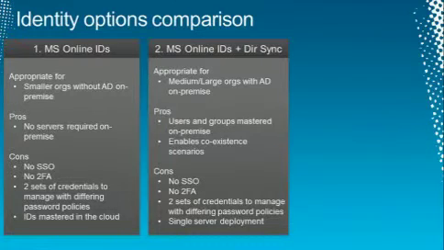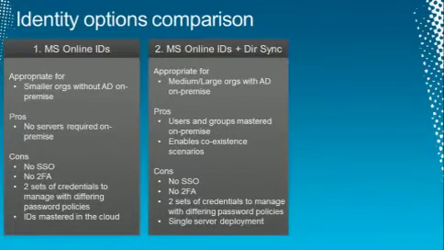When we add directory sync to that, we're really looking at that medium to larger size organization. Users and groups and their properties, so their email address, SIP address, display name, all of those things are now managed on-premise. They do flow across. We start to enable coexistence scenarios, allowing you to have mailboxes on-premise and mailboxes in the cloud and have a level of coexistence so that you can send mail and get some information between them. So they have a common GAL, for example.